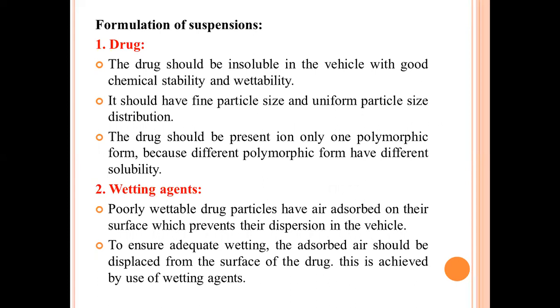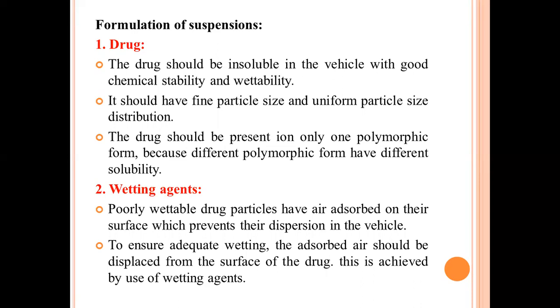Then the next part is formulation of suspension. Formulation of suspension means what types of ingredients or excipients are used for formulation of suspension. So the very first ingredient is drug. As we had discussed, drug should be in insoluble form in the vehicle, because when your drug is in insoluble form, you can go for suspension instead of solid dosage form like tablets and capsules.